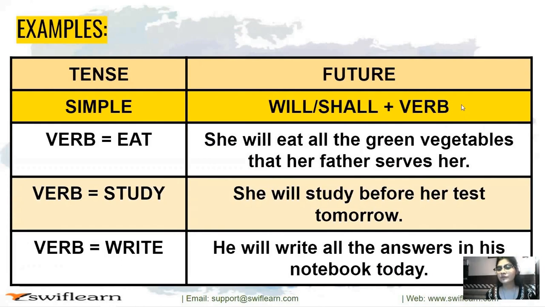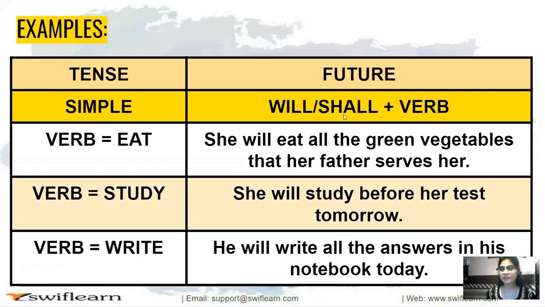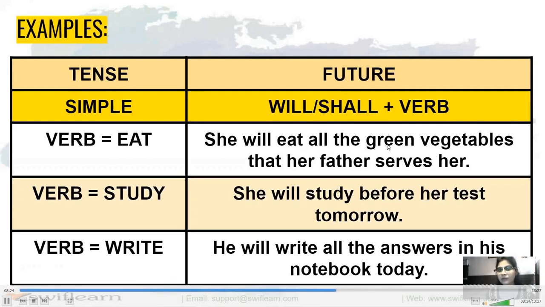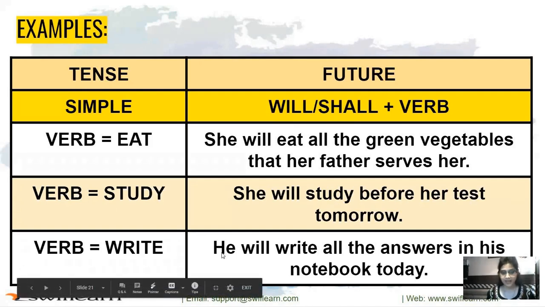We will not use the second form of the verb, we will just use the simple verb with will or shall: subject plus will or shall plus verb. She will eat all the green vegetables that her father serves her. Study. She will study before the test tomorrow. And he will write all the answers in his notebook today.